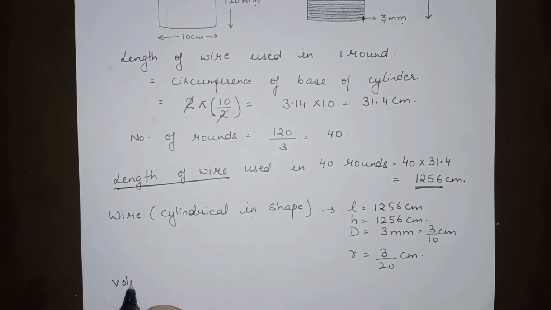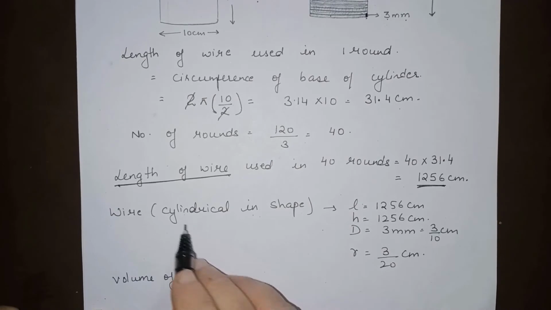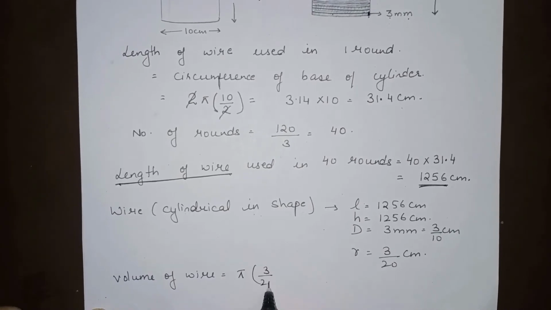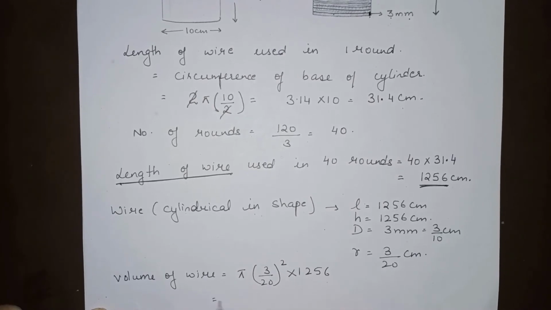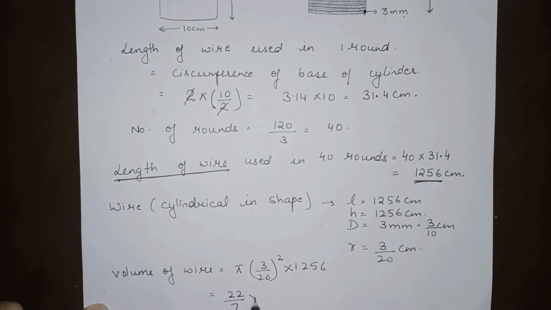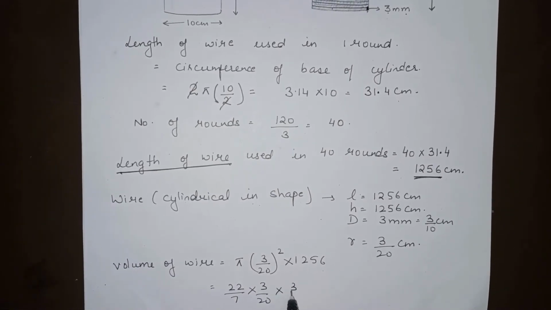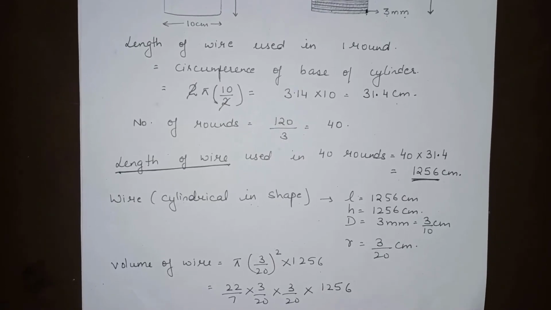So volume of wire, that will be equal to pi r square h, as it is cylindrical in shape. Pi r square into h. So let us calculate it. 22 by 7 into 3 by 20 into 3 by 20 into 1256.